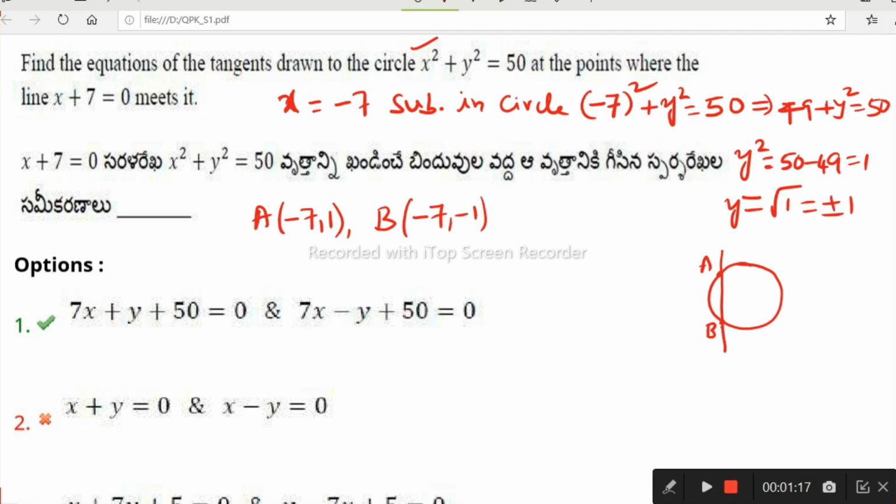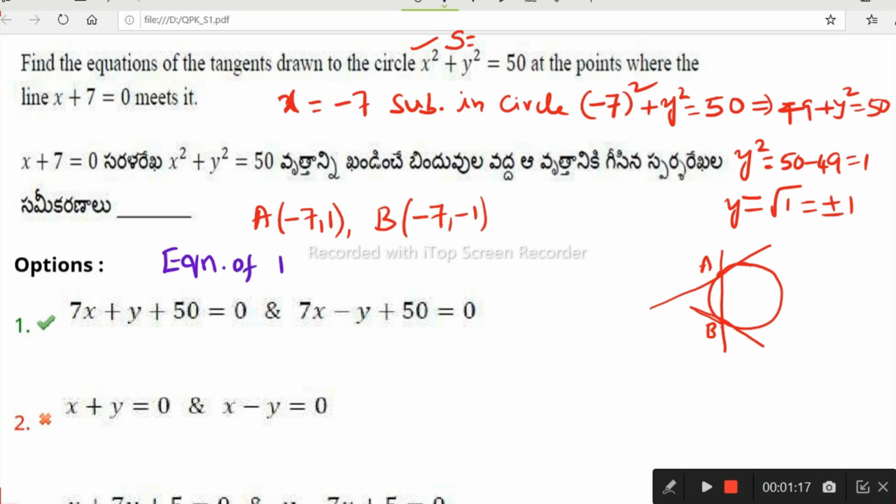Simply, what should we do? Equation of tangent at the point A and equation of tangent at the point B, you have to find out. For that you have to recollect the equation of tangent with respect to the circle S is equal to 0. Suppose you take this circle as S is equal to 0. I'm giving the formula for the equation of tangent at a point.